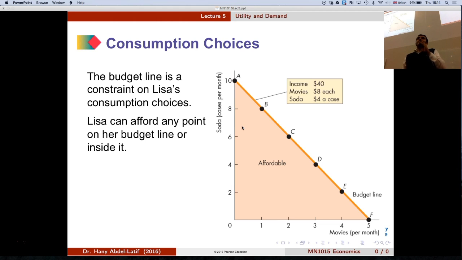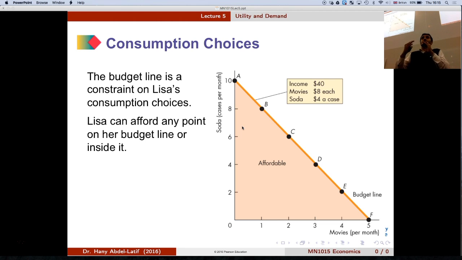Okay, before we move to the next point, remember, this is subject to her income and the prices. If any of these change, her income or the prices, then the budget line would change. It has to translate this change. So now we agree that any point below that line is affordable, and even on the line is affordable.